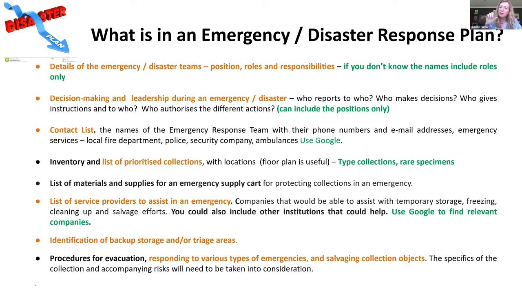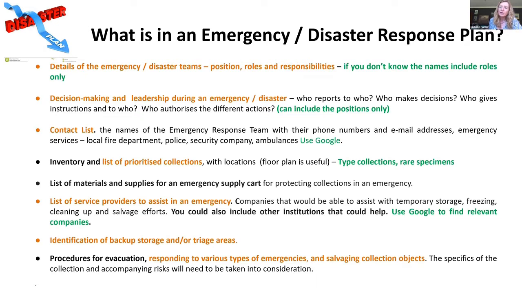So the things in orange here are the ones that are going to go into your pocket response plan. A list of materials and supplies for an emergency supply cart will go into your full plan, but we don't need that now for the pocket response. And then something that we do need is a list of service providers to assist in an emergency.